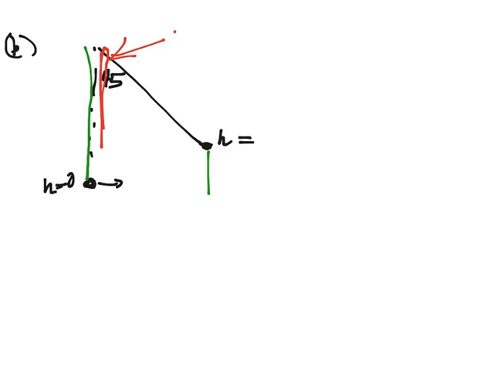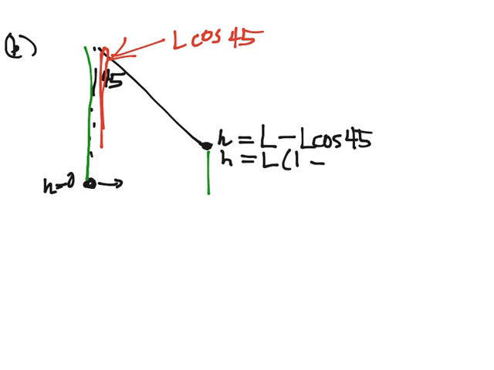This part will be L cosine 45, and so we have h is equal to L minus L cosine 45. I'm going to factor out my L. I have h is equal to L times 1 minus cosine 45, but the cosine of 45 is just 1 over root 2.